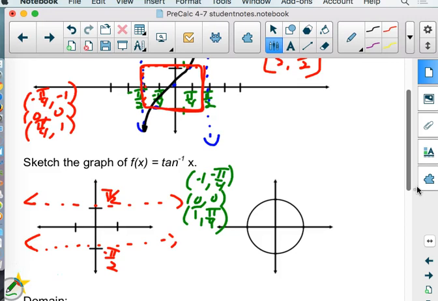So negative 1, negative pi over 4, 0, 0, 1, pi over 4. And we realize, well, if these are asymptotes, it's going to do this. But again, we're really just going to take the middle chunk.